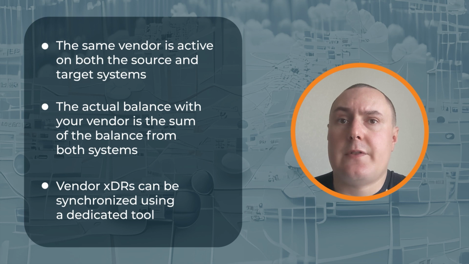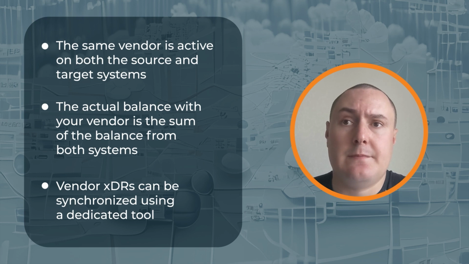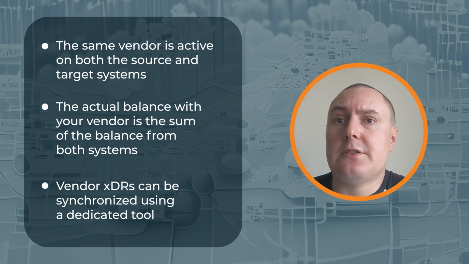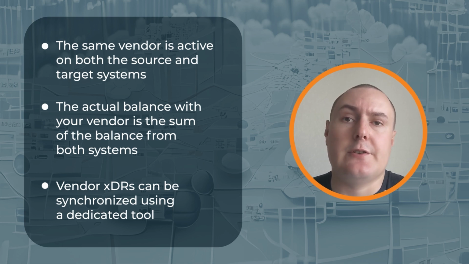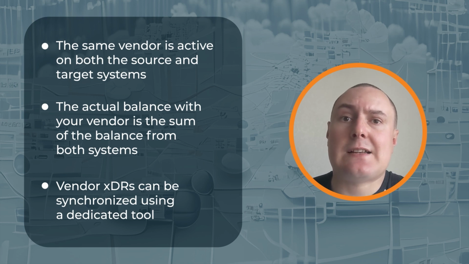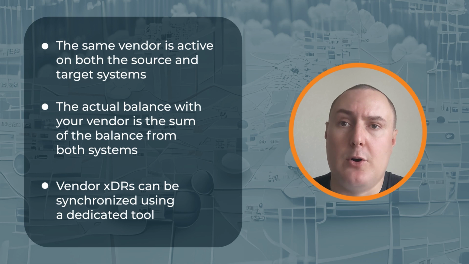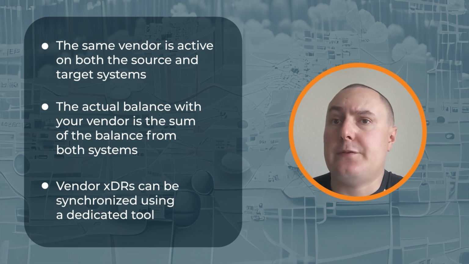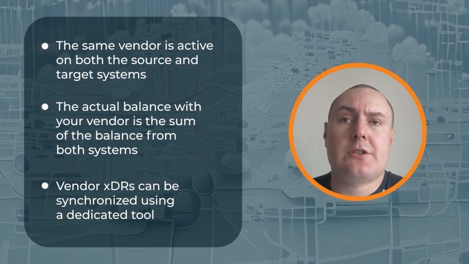Since calls that go through the source system change the balance of the vendor there, and likewise for the target system, during the migration it is important to remember this and to use the XDRs from both systems to reconcile your activity with your vendor. Your actual balance with your vendor will be the sum of the vendor balance from both systems. If you like, when the dual version migration is finished, our PortaOne support team can synchronize your vendor XDRs using a dedicated tool.